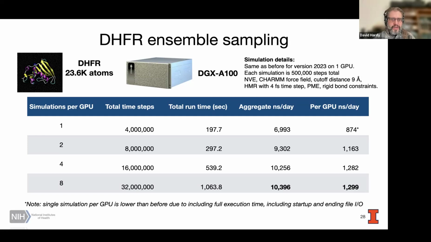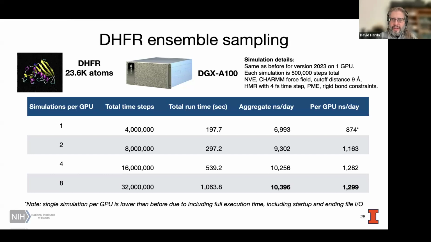Here we're actually posting a lower time than I showed you before, but that's due to really measuring the full execution time, including the startup and the ending file I/O, all of it.